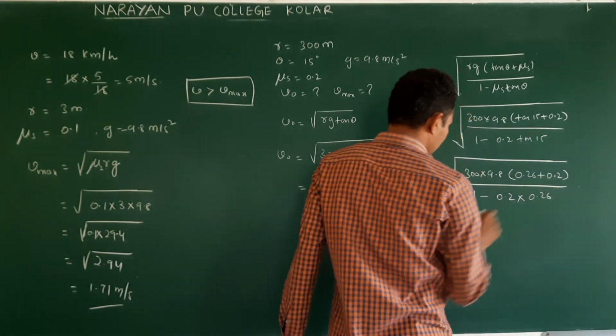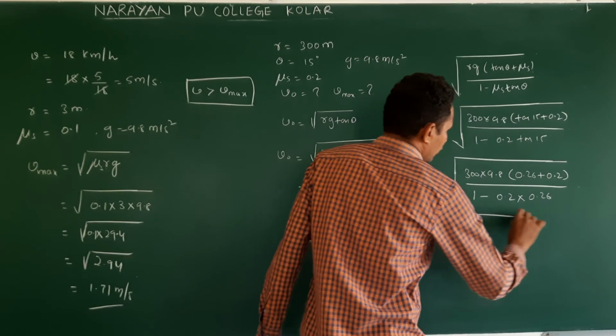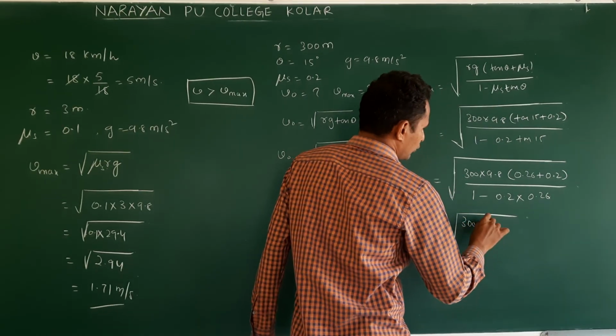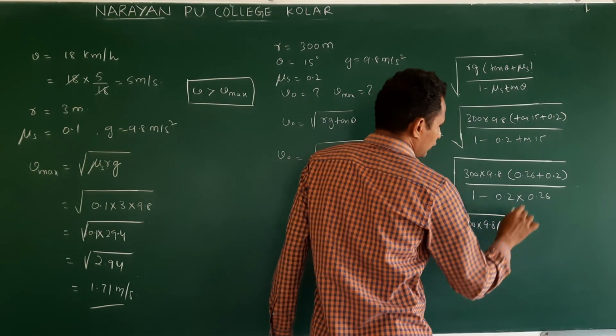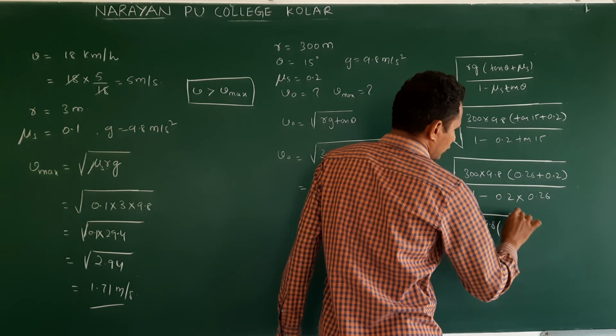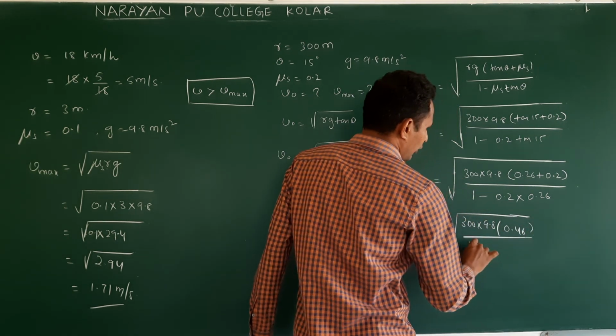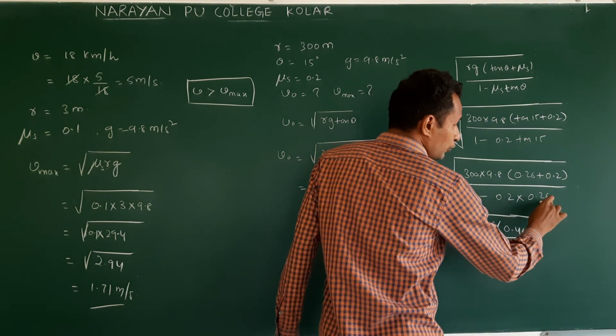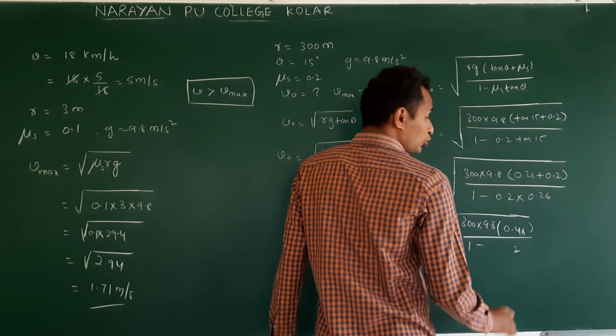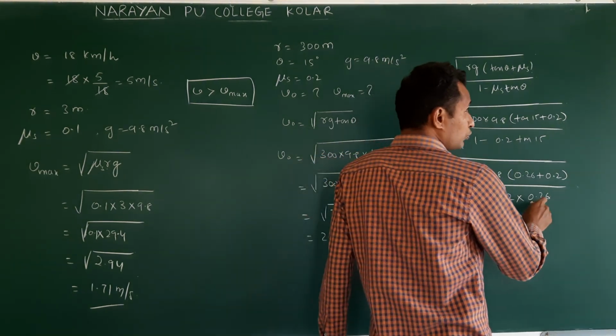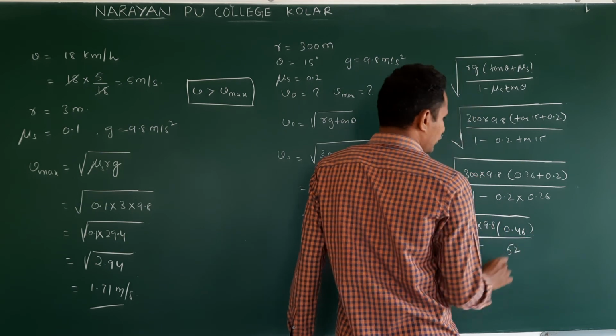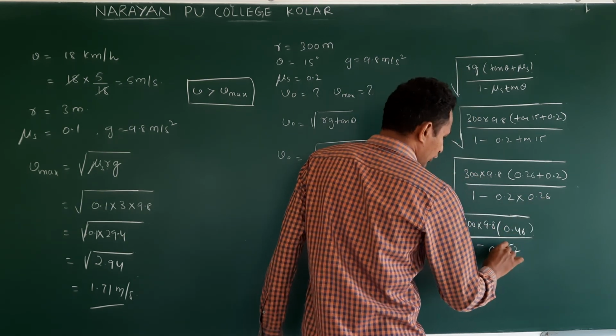Do this operation. 300 into 9.8, this is 0.46 by 1 minus 0.2 into 0.26, which is 0.052. Three decimals are required.